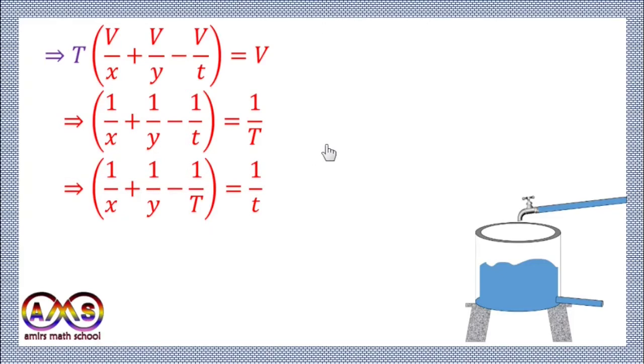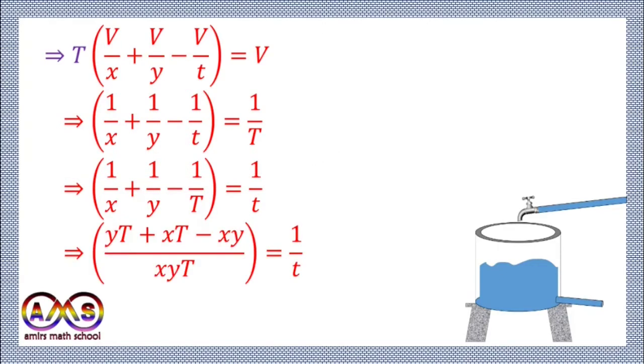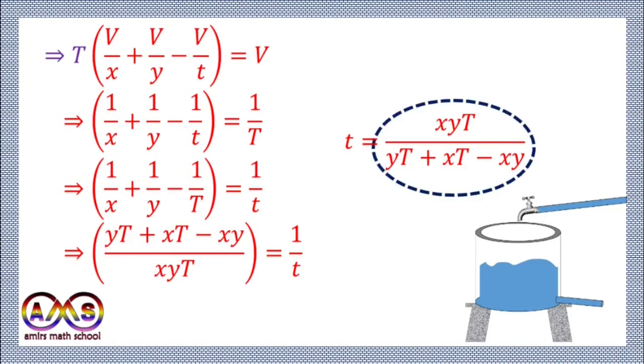Now simplify the equation to find the value of t. So we get t equal to xyt divided by yt plus xt minus xy. This is the required time for the third pipe to flow out the full tank.